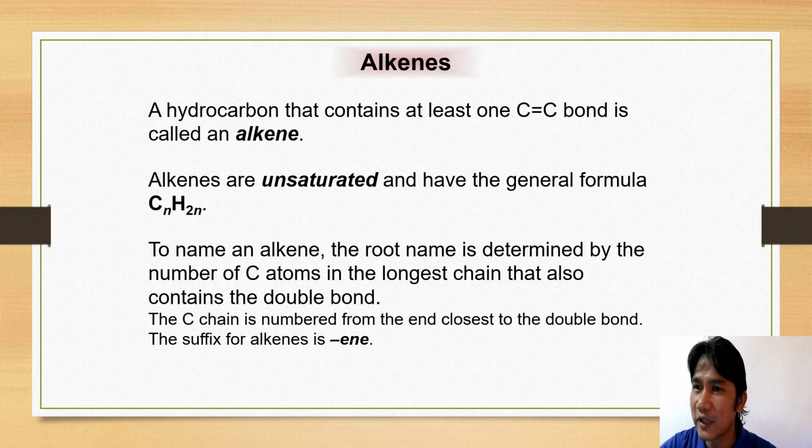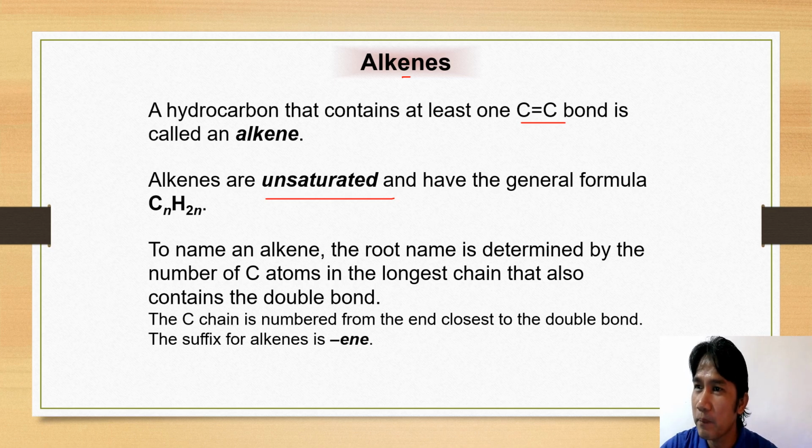Now next is alkene. Alkenes, take note that it has an E instead of A for alkane. Alkenes are hydrocarbons that have at least one carbon-to-carbon double bond. Okay? Alkenes are called unsaturated.